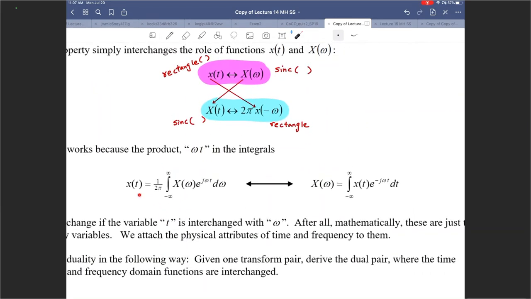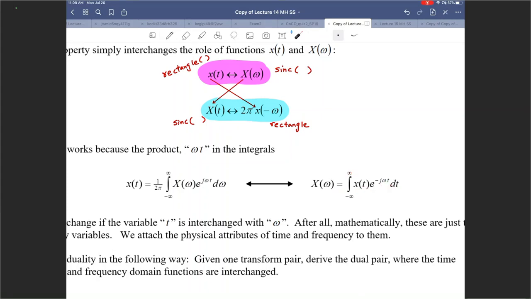On the left side, you have the time domain entities, x of t, which can be expressed as the inverse Fourier transform of cap X of omega as 1 divided by 2 pi integration over all omega cap X of omega e to the j omega t. The Fourier transform pair of that, cap X of omega, using the definition of Fourier transform, is going to equal negative infinity to infinity x of t e to the minus j omega t dt.